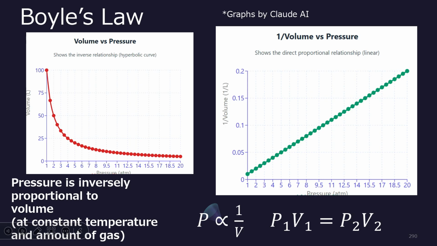But we don't really like working with hyperbolas. There are no well-indicated slopes or points on a hyperbola. So we would like to make this a straight line. What we can do is graph 1 divided by the gas's volume versus pressure.